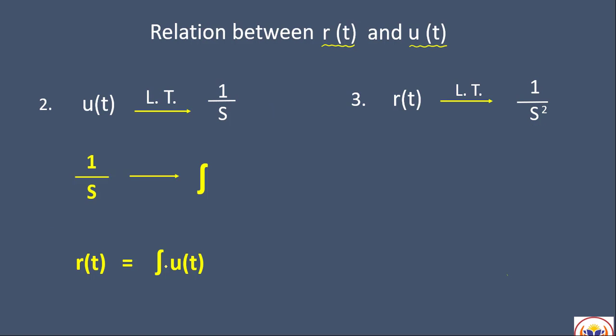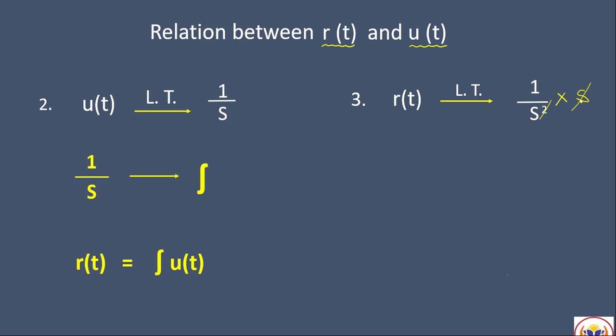And if I want to get a step signal whose Laplace is 1 by s from a ramp signal whose Laplace is 1 by s square, I have to multiply 1 by s square with s so that the s and the square cancel. So I have 1 by s, which is the Laplace of u of t.